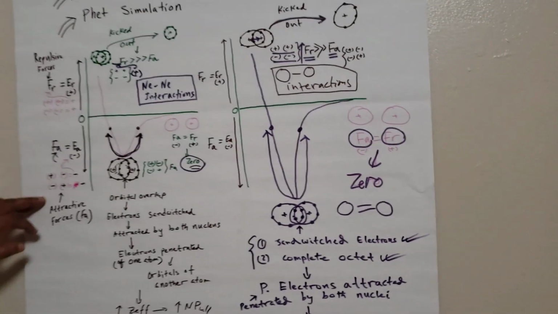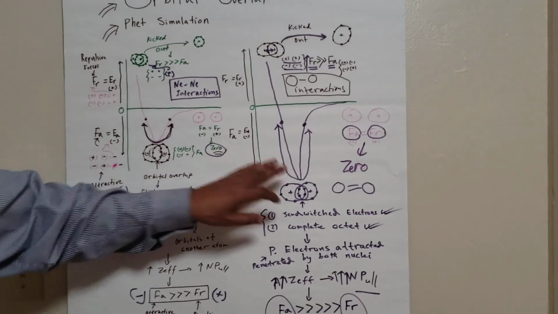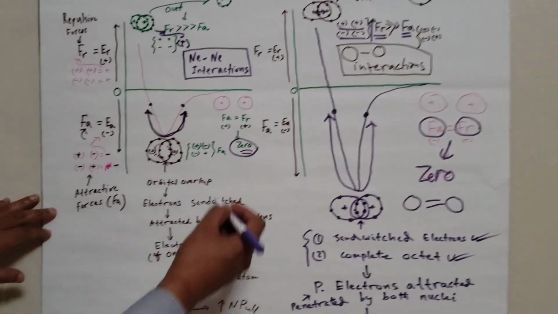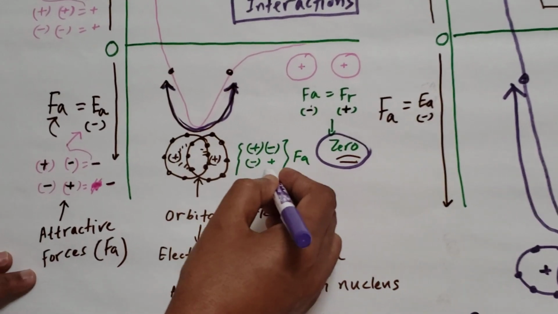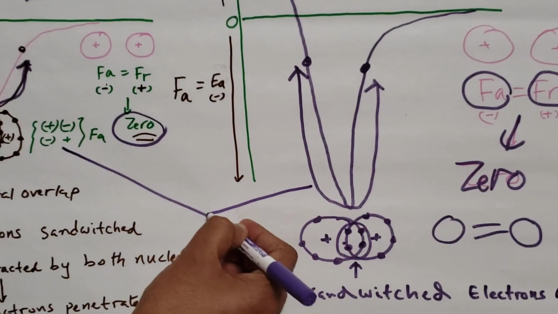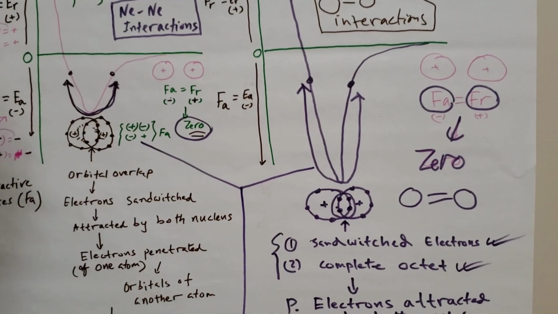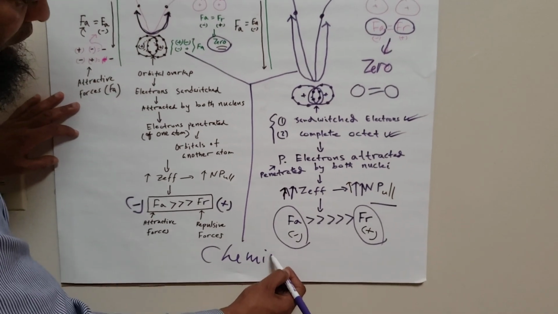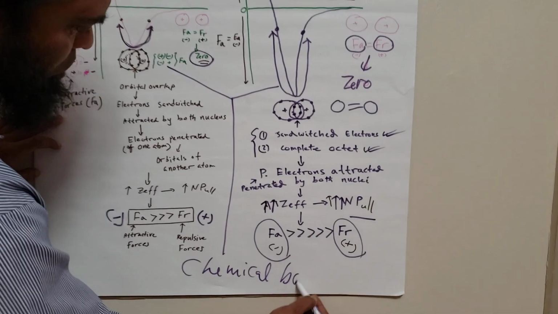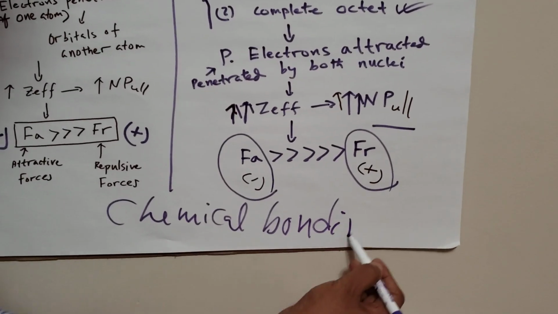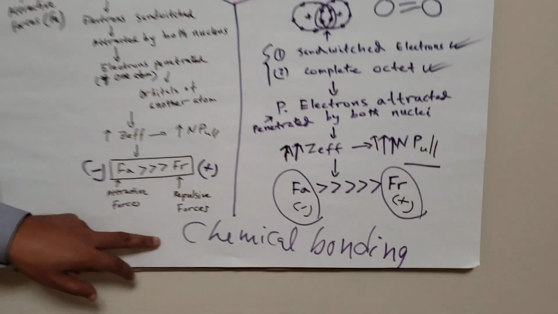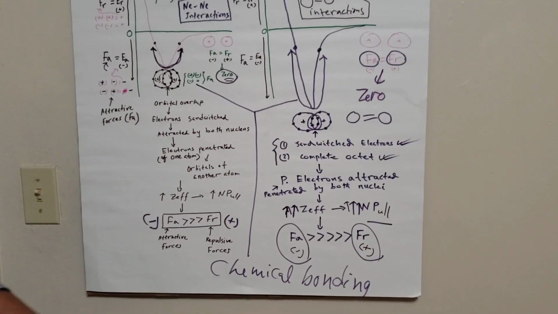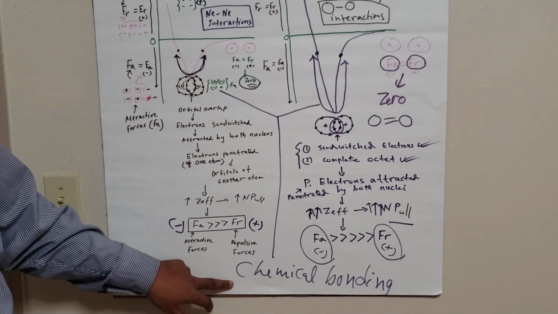I hope you have understood it. This is the most favorable position, where you have huge attractive forces for chemical bonding. So when you have a lot of attractive forces, a bond will be made.